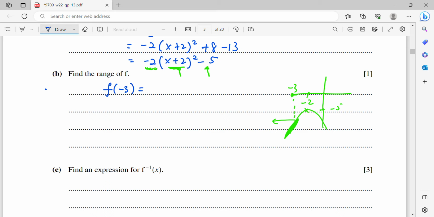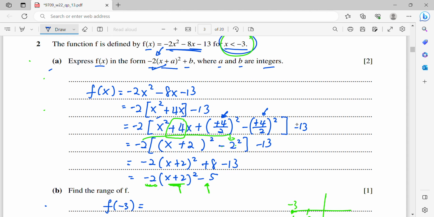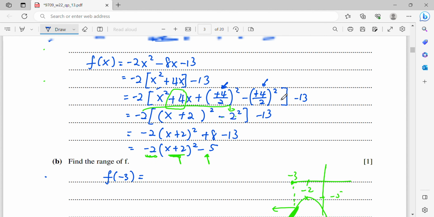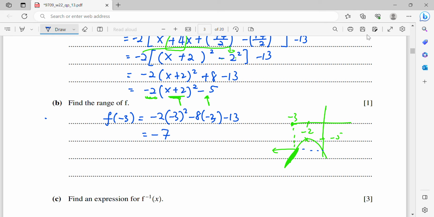Alright, so now, to be safe, you can just substitute back into the original form. Otherwise, if you are confident that this part A is correct, then you can just directly replace the x by minus 3. Okay, so now we will just replace the x by minus 3. I will use the original function. Okay, so at last from here you'll be getting minus 7. So it means that when you refer to the graph, here is basically minus 7.